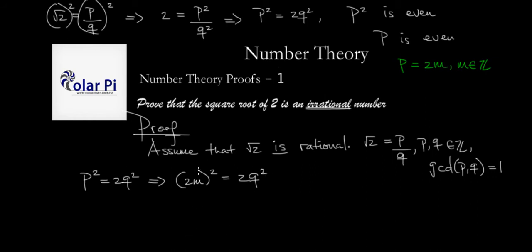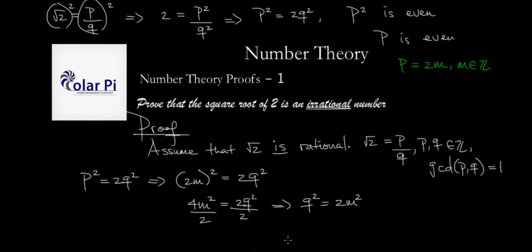But wait, 2m times 2m here is 4m squared. So we have 4m squared is equal to 2 times q squared. And then dividing both sides of this equation by 2, we can write that q squared is equal to 2 times m squared. And we said that m is an integer, right?